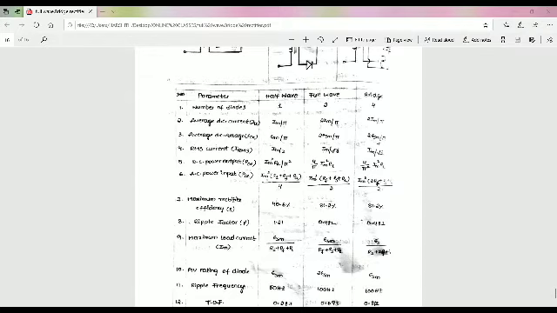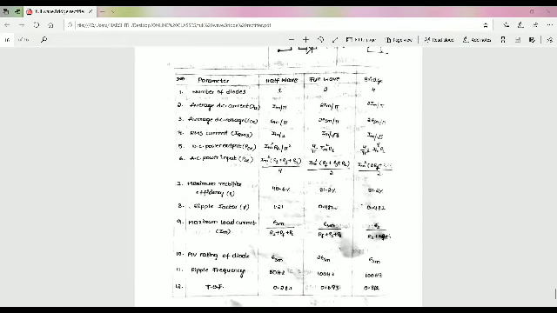And the next parameter, ripple frequency. In the half wave rectifier 50 Hz. Full wave rectifier is 100 Hz. Bridge rectifier is 100 Hz. And the last parameter, TUF. TUF means transformer utilization factor.